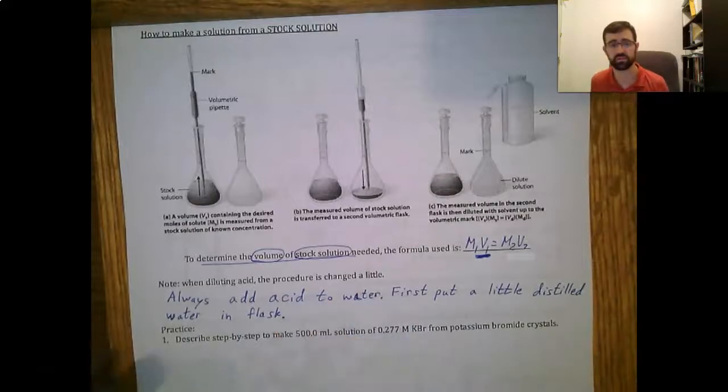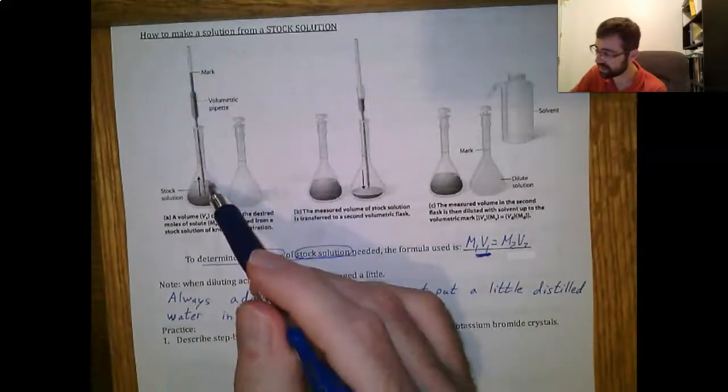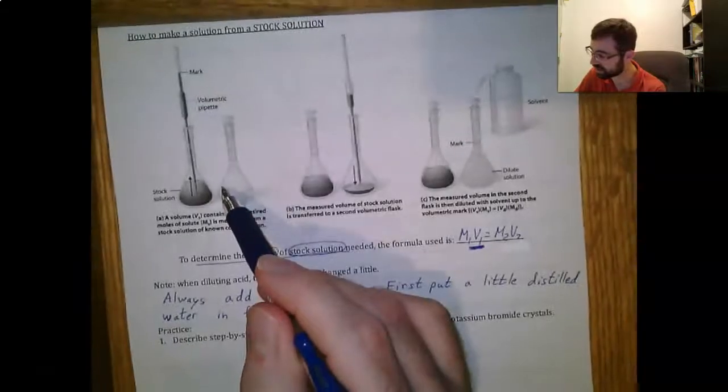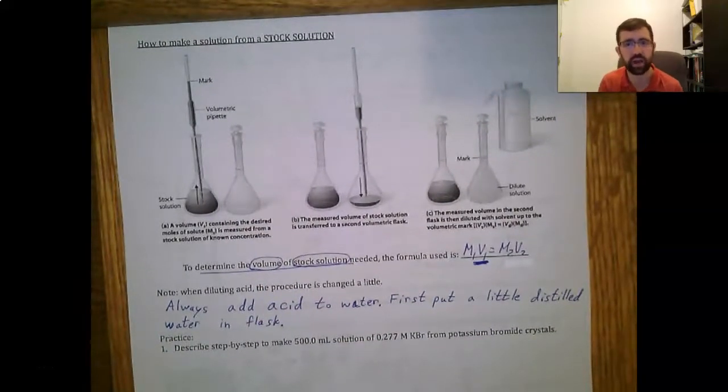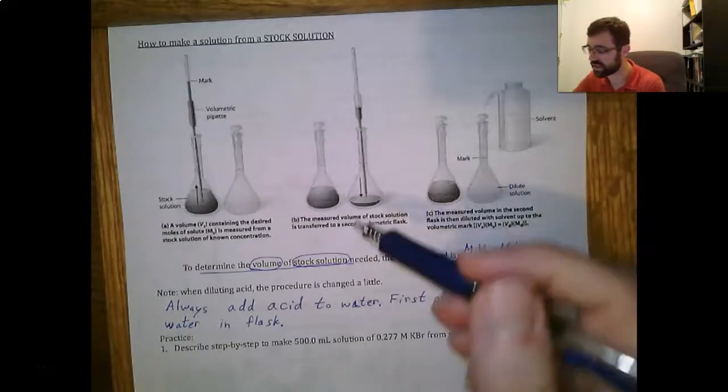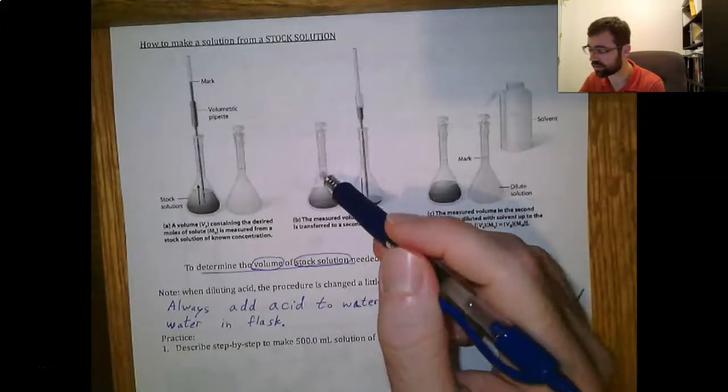Otherwise, the rest of the directions are the same. So before I even take this out, I need to put a little bit of distilled water in the flask. When I say a little bit, I'm not talking just a few drops. I mean, it needs to be some water. It's just not enough to make it go above the line.